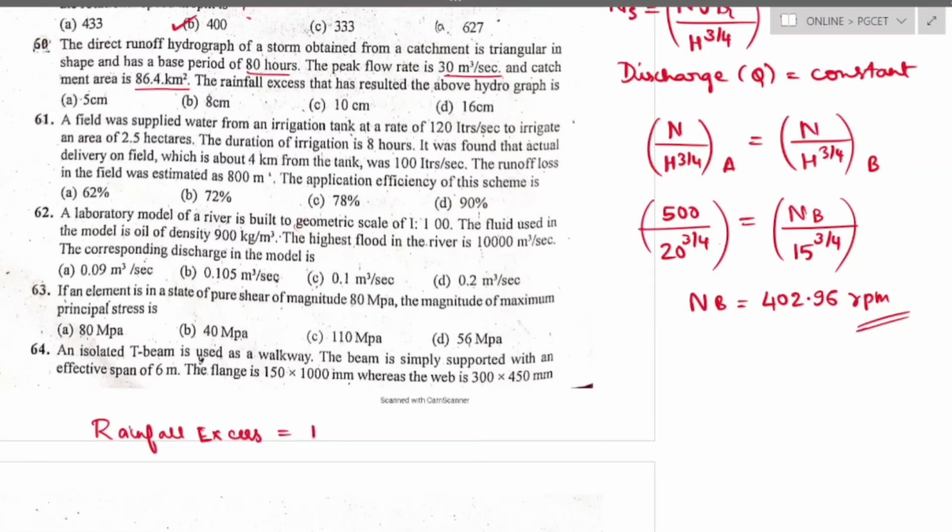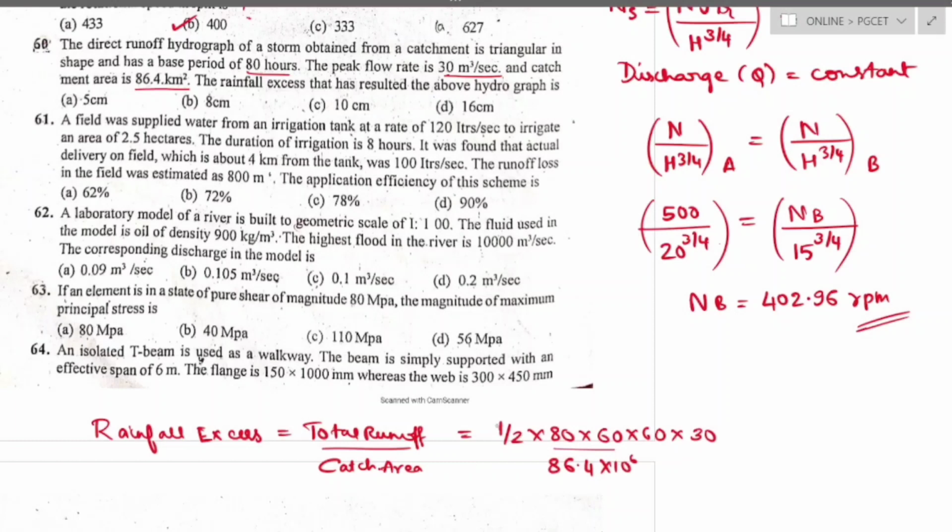Rainfall excess is given by total runoff by catchment area. Total runoff is half multiplied by 80 hours into 60 minutes into 60 seconds into 30, which is the peak flow rate, and the catchment area is 86.4 km square multiplied by 10 to the power of 6.